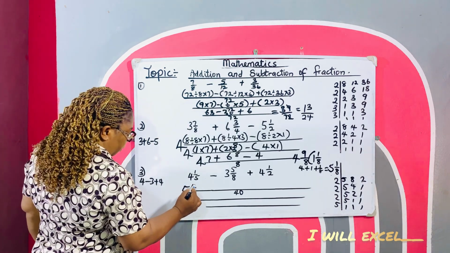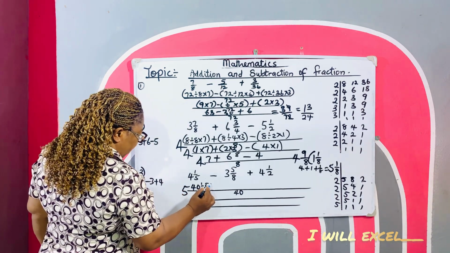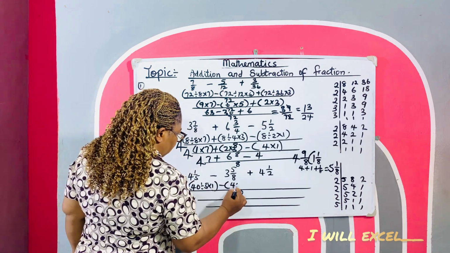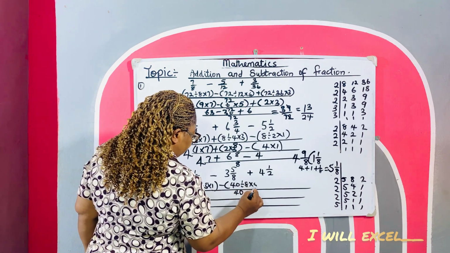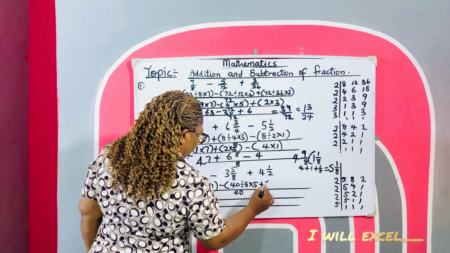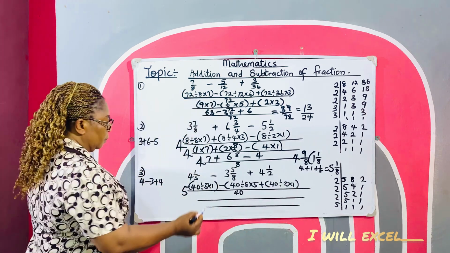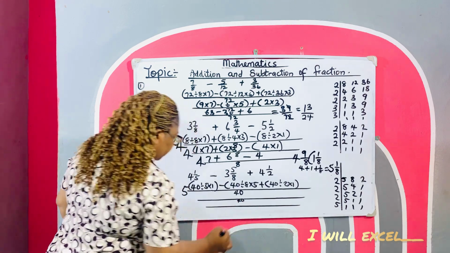So we say 40 divided by 5 times 1, 40 divided by 8 times 5, 40 divided by 2 times 1. Okay. 40 is still here.